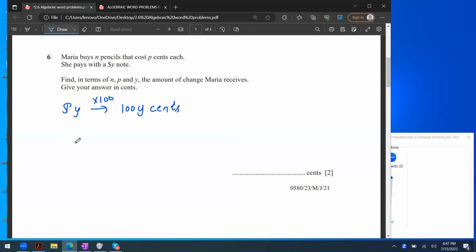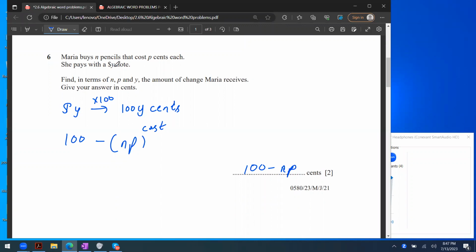Now 100Y. What's the change? Let's subtract the cost. The cost will be n pencils that cost P cents, so it's NP. She doesn't buy anything else. So the answer is 100Y minus NP. Let's check one more time.